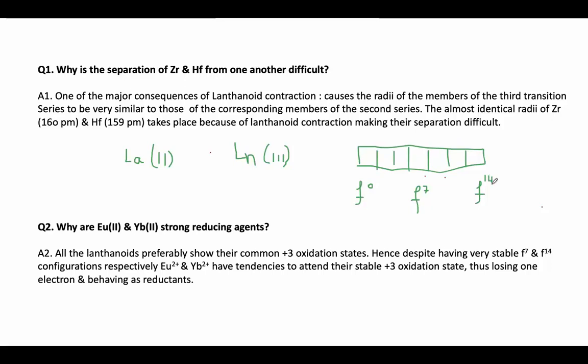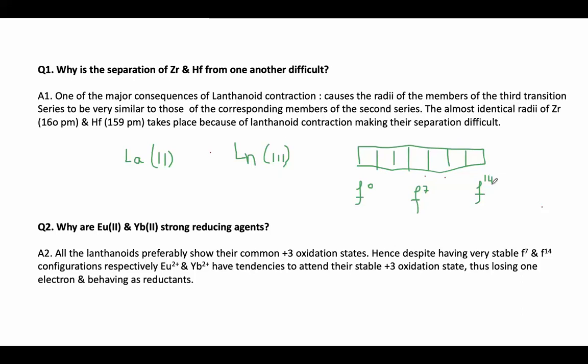Depending upon the empty, half-filled or filled f subshell, there occur irregularities in the ionization enthalpies, and that's why the oxidation state can be different in these different shells.